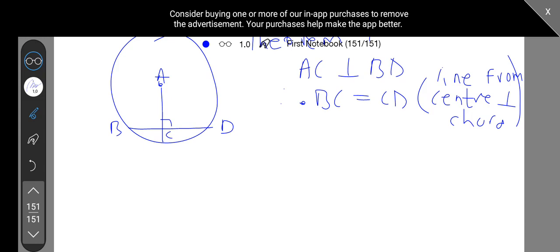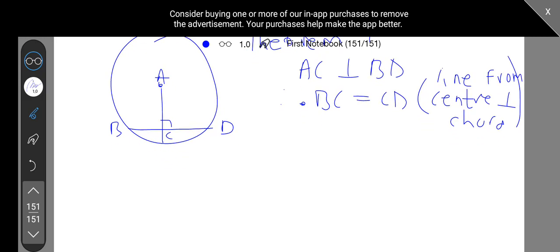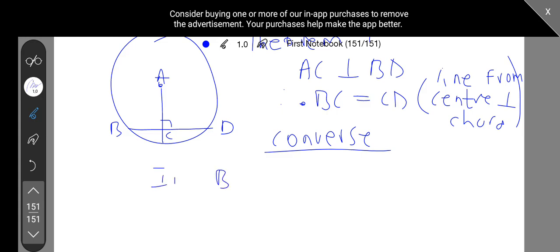So now let's say you are writing the reverse. What will the converse say? Feel free to pause the video and try it. So the converse will say that, let's write the converse. If BC is equal to DC, therefore AC is perpendicular to BD.